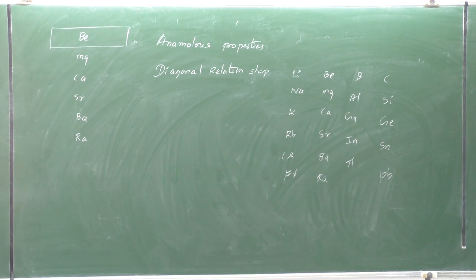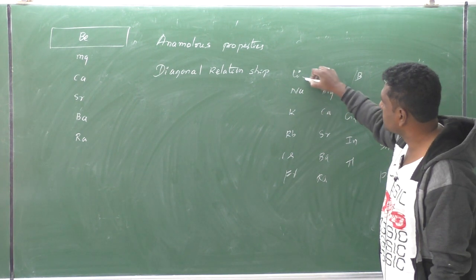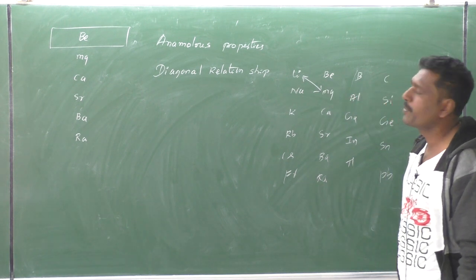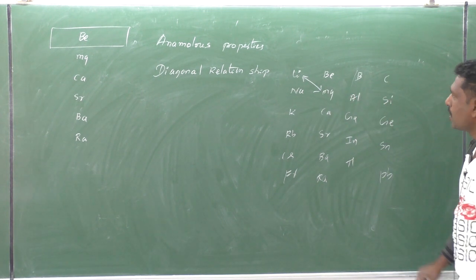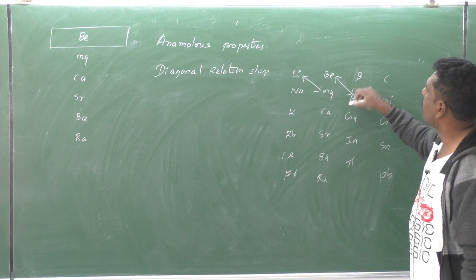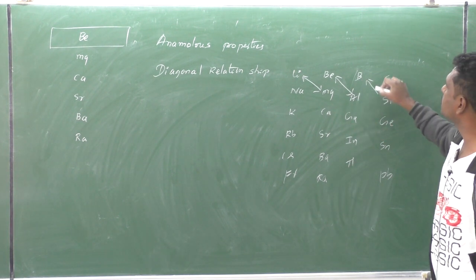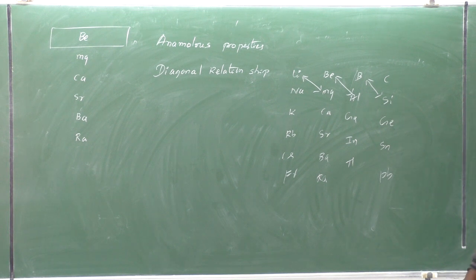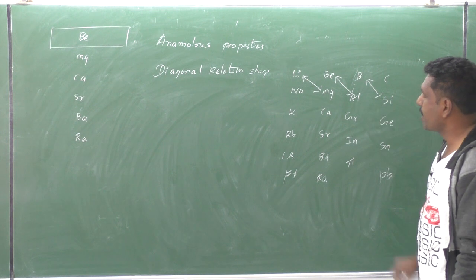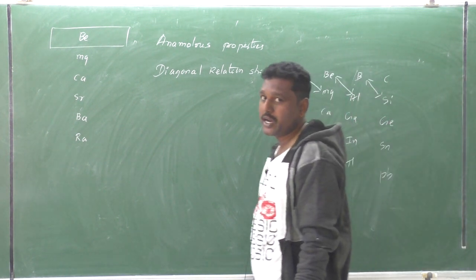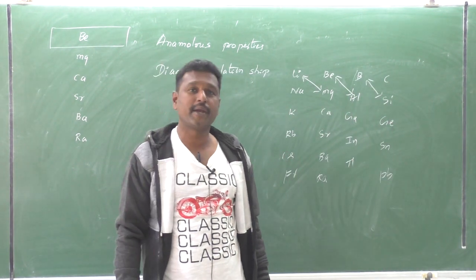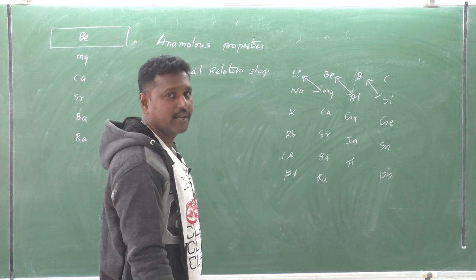We already discussed in case of s-block elements, these two exhibit diagonal relationship, and beryllium and aluminium exhibit diagonal relationship, and boron and silicon also exhibit diagonal relationship. Therefore, beryllium and aluminium exhibit diagonal relationship.